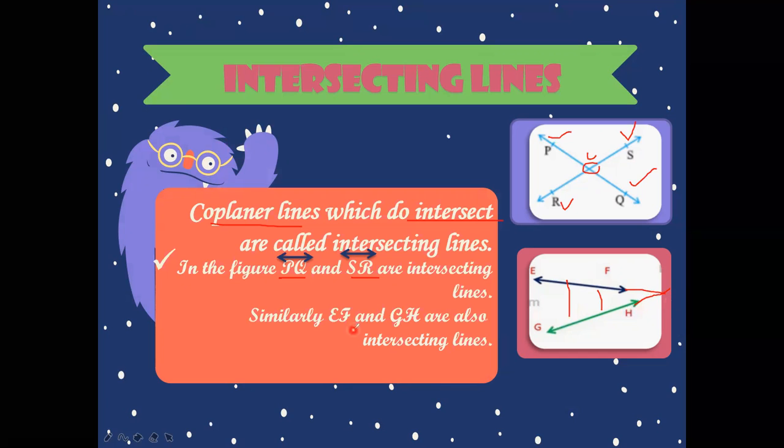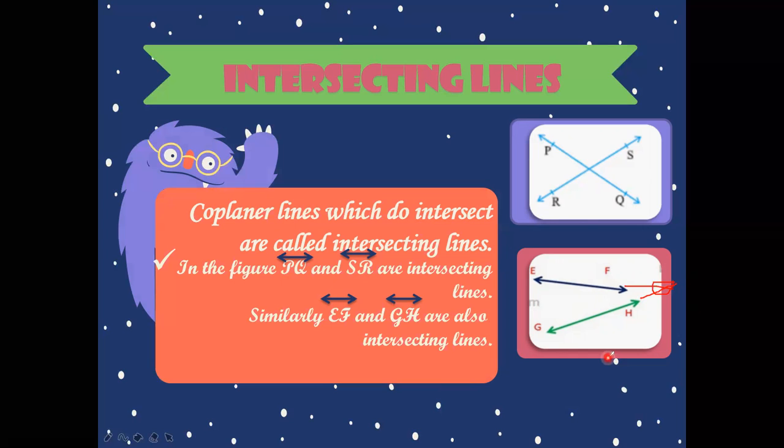We say that line EF and line GH are also intersecting lines. Here they are not yet intersecting each other, but when you further extend these lines, they will intersect at one point. So these lines are also intersecting lines.